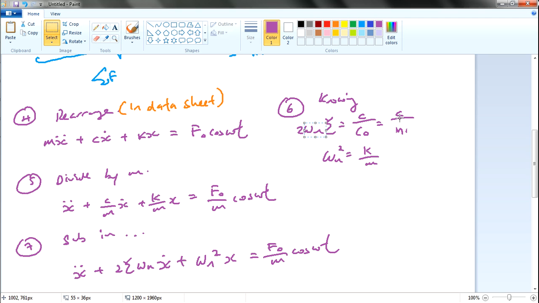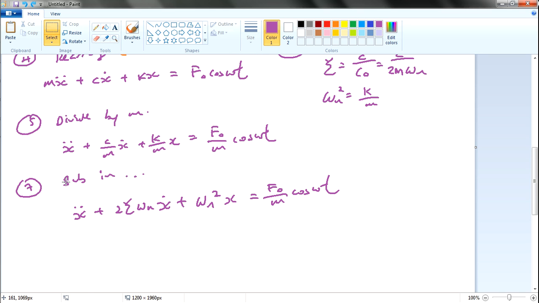This is why we have this over here. Then the natural frequency squared is equal to k over m. You just rearrange, and eventually you sub in, and you have this equation over here.